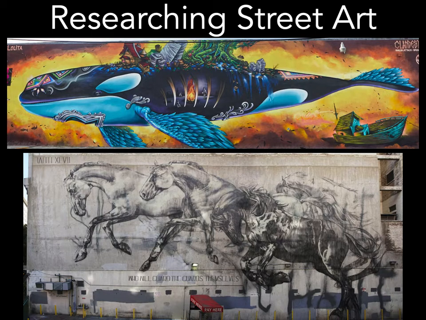In the top corner, you see the word Lolita, but it's actually hashtag Free Lolita. So if you Googled that, you would find the Free Lolita movement, and you would get lots and lots of context. In the top right, you see the name Clandestine, and that's the artist's street name.